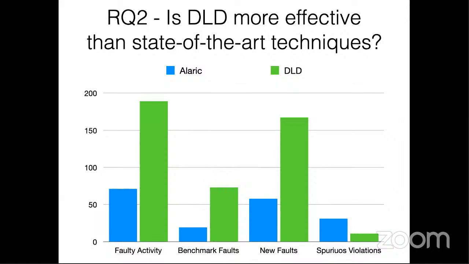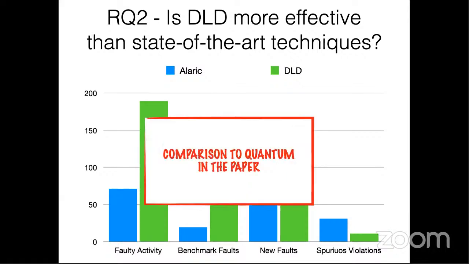And DLD was better both in terms of data loss found and also in terms of spurious violations. In the paper, you can also find a comparison between DLD and Quantum, which is a partially automated test technique that can reveal data loss.